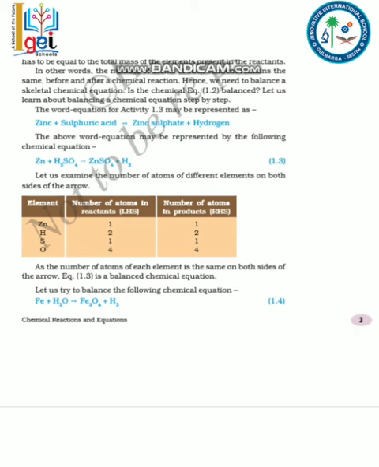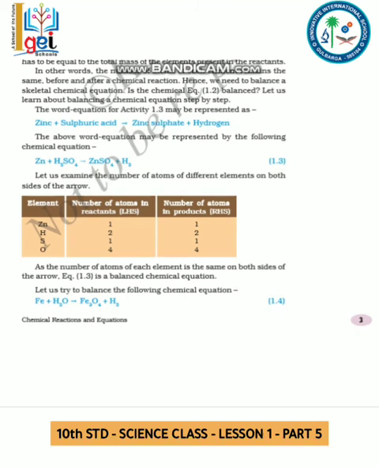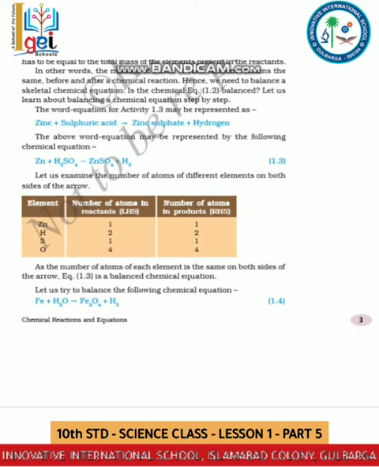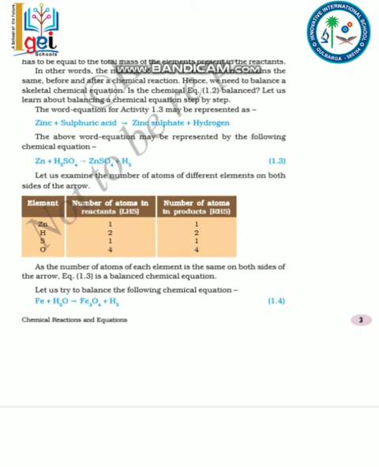If you react iron and water, the reaction gives rise to iron oxide and hydrogen.